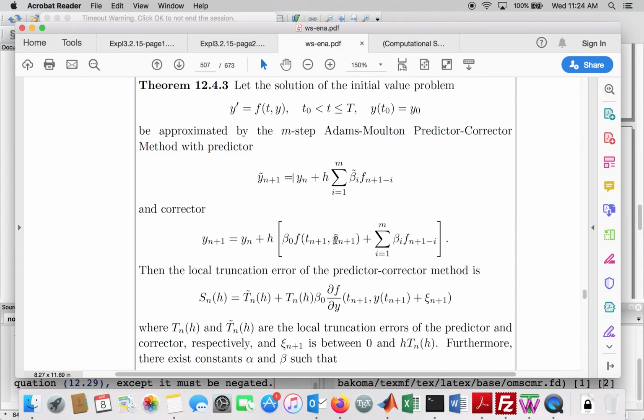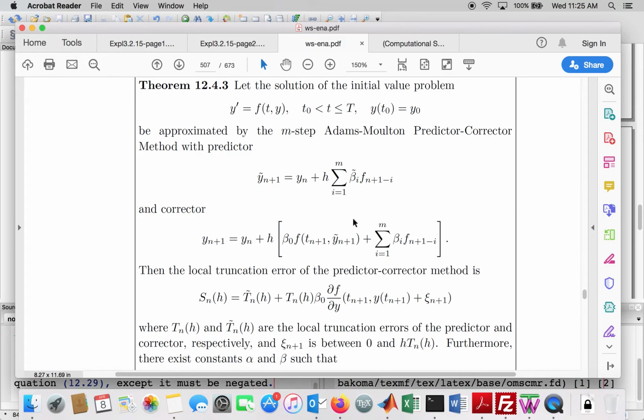So this theorem says that if you compute the local truncation error resulting from this method with this accounted for down here, so if you substitute the exact solution here, and also what you do is you take this part, substitute it for yn plus 1 tilde here, and then substitute the exact solution here and in the f evaluations here.